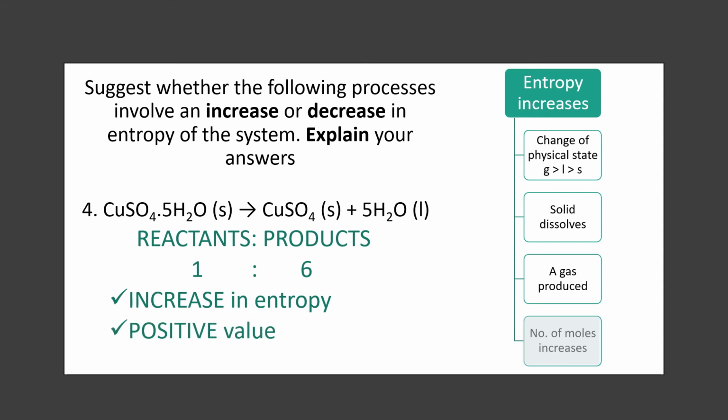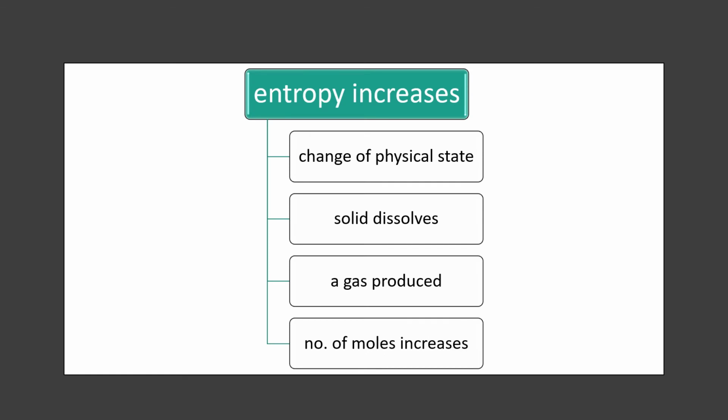I hope you've got some practice in figuring out how to go about answering such questions with the help of these 4 examples. So keep in mind, whenever you have to answer questions on entropy of the system without doing a calculation, fall back to these points for justification. That is, when there is a change of physical state from solid to liquid to gas, entropy will increase.